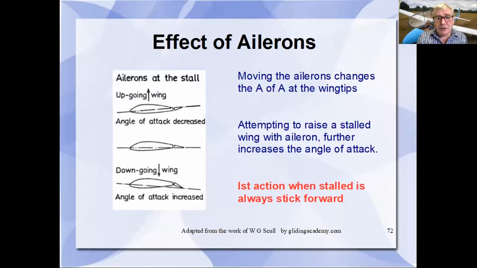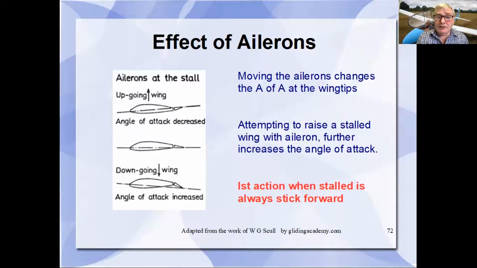But what he's actually doing is putting the aileron down, which in turn is changing the angle of attack, increasing it. So the wing was already stalled, it's now going down in the air more rapidly, which has actually increased the angle of attack.